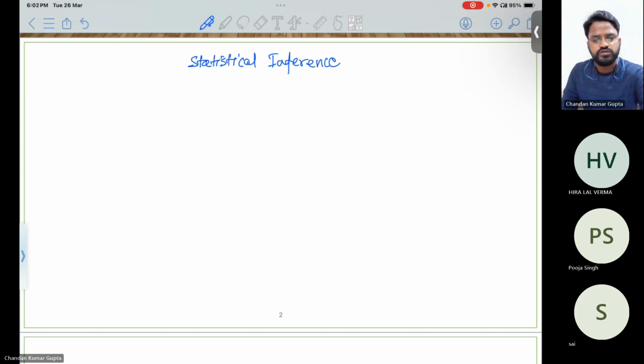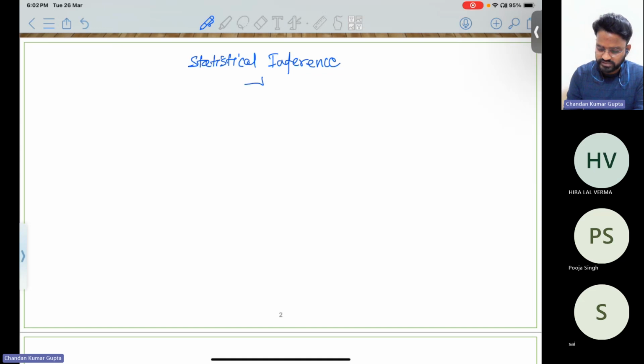Statistical inference. Inference actually means conclusion. We will conclude on the basis of some data, a conclusion about some parameter or population. Mainly, statistical inference is divided into two subcategories.